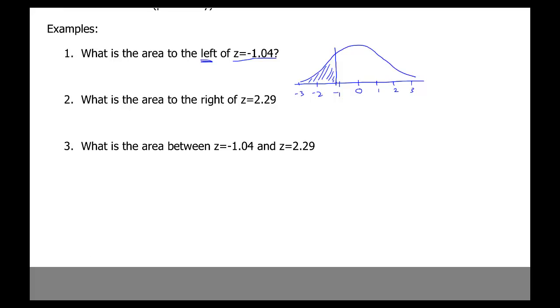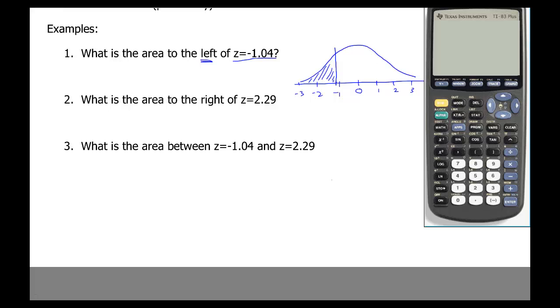So I'll take our calculator, and we'll start from scratch here. So in our distribution menu, second vars for distributions, we want number 2, normal CDF. Now we want the minimum. Again, we're just going to plug in minus 99 because we want all the area to the left, comma.